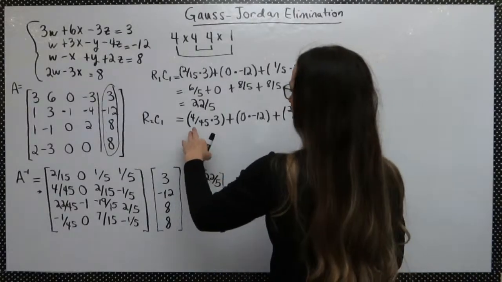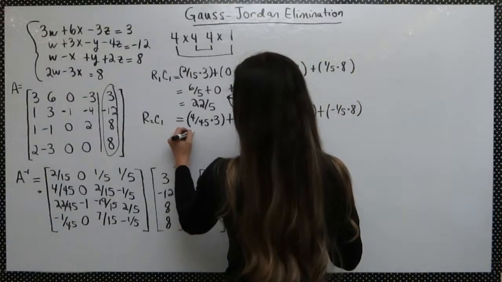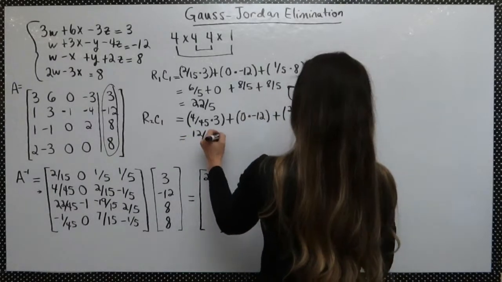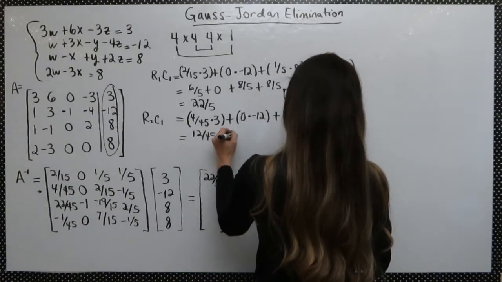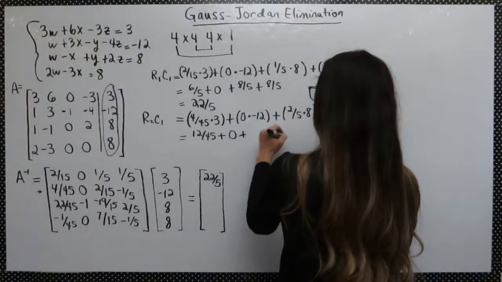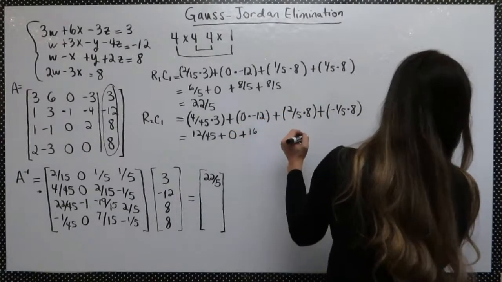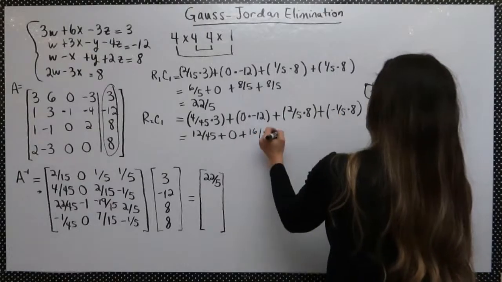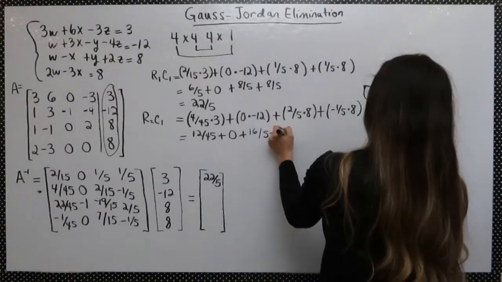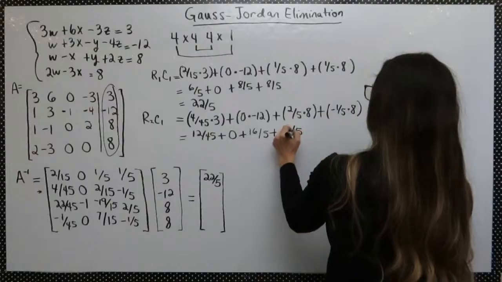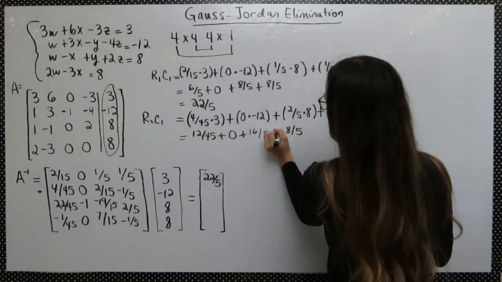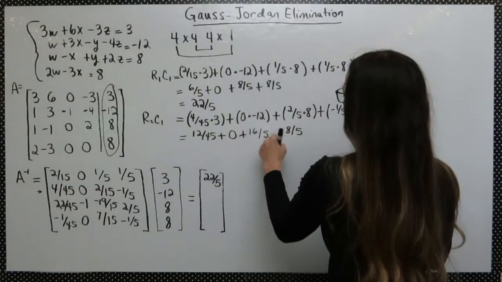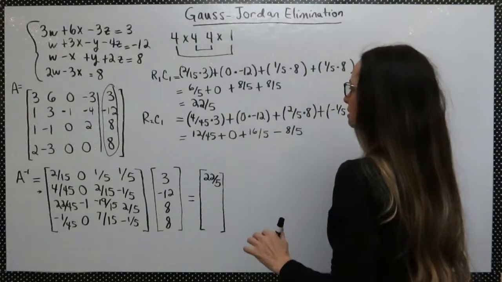All right, so we've got 4 times 3 is 12/45. 0 times 12 is 0, plus 16/5, plus -8/5. And so plus a negative, the negative unfortunately always will win. So that'll just be a minus there.